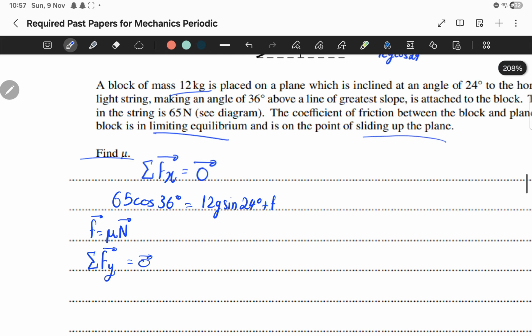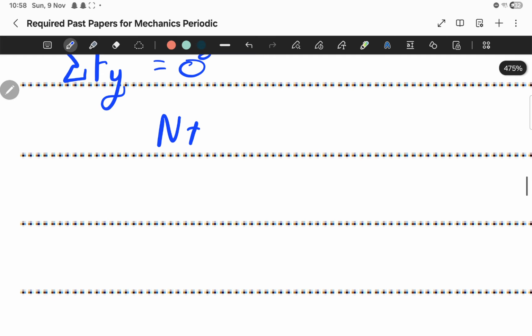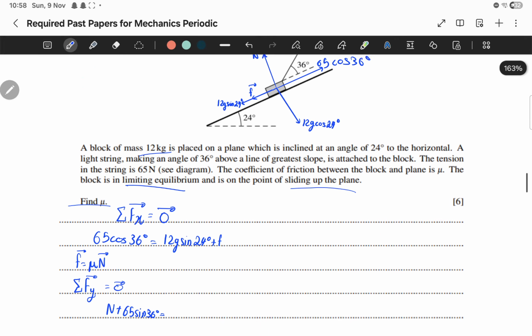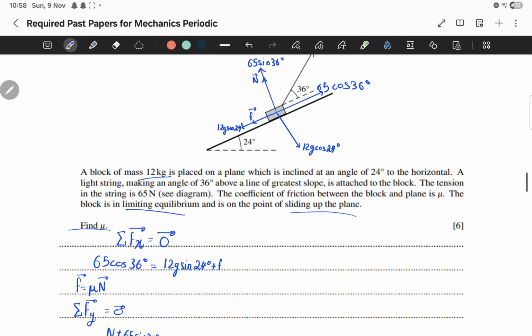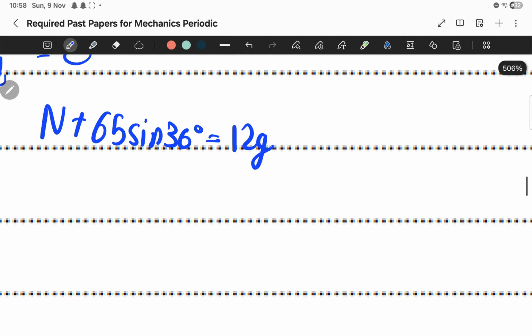Right? So n plus 65 sine 36 degrees is equal to 12g cosine 24. Sorry, 12g cosine 24.